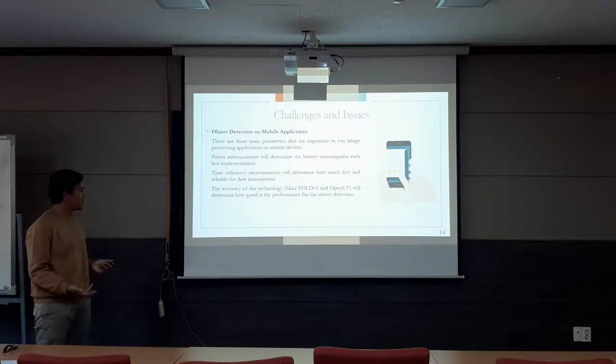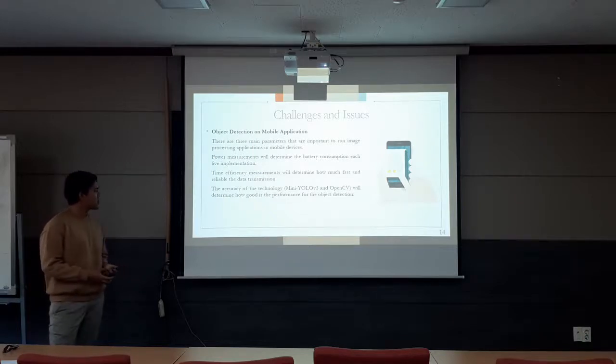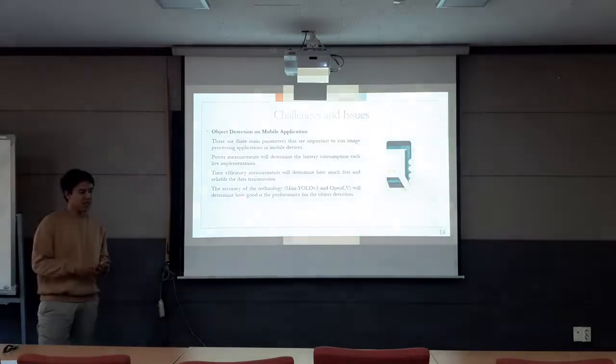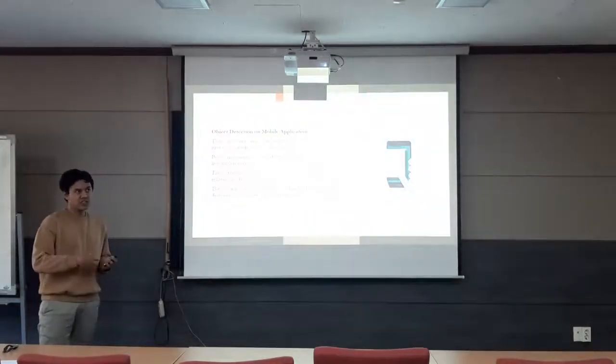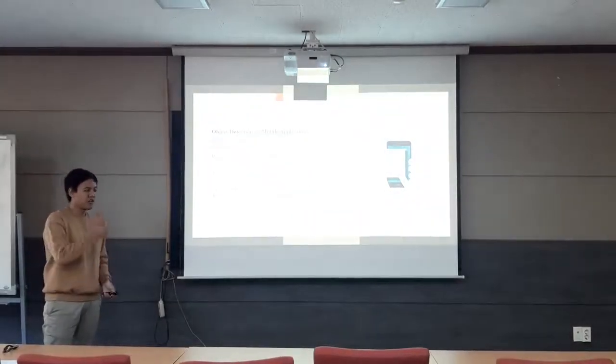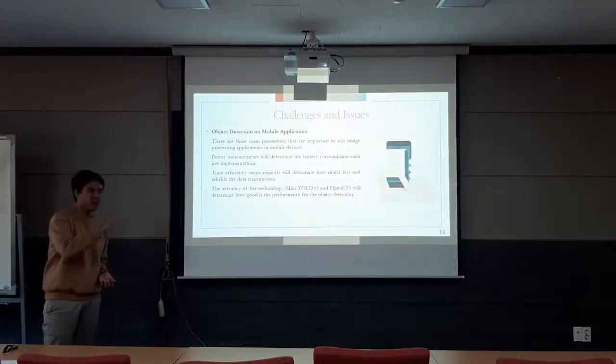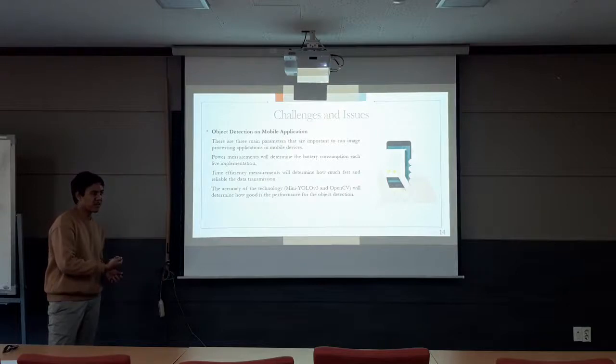Next one is time efficiency. Time efficiency measurement will determine how fast and reliable the data transmission is. Because here, the system uses a kind of database system, where we have to take a picture, send a query to the database, and retrieve the result back to the mobile application, right?